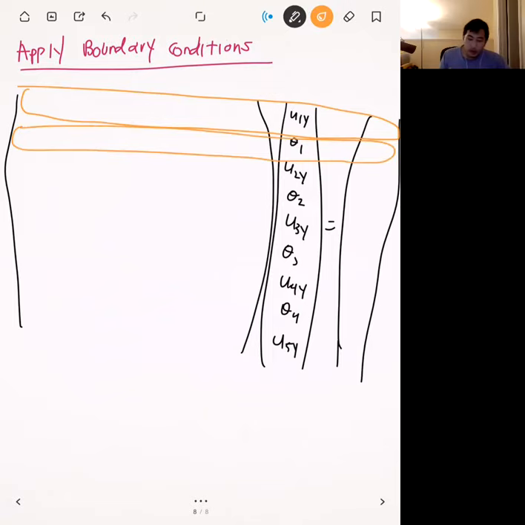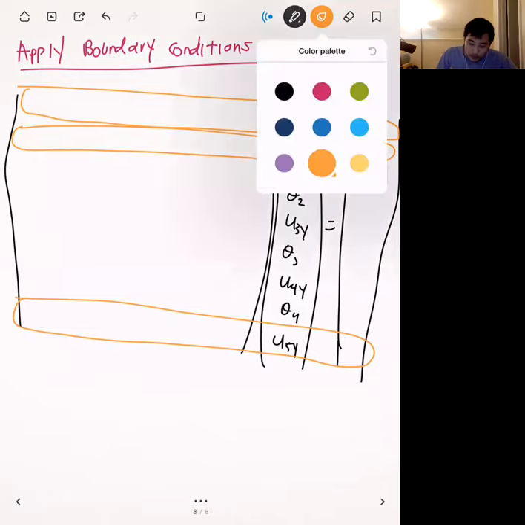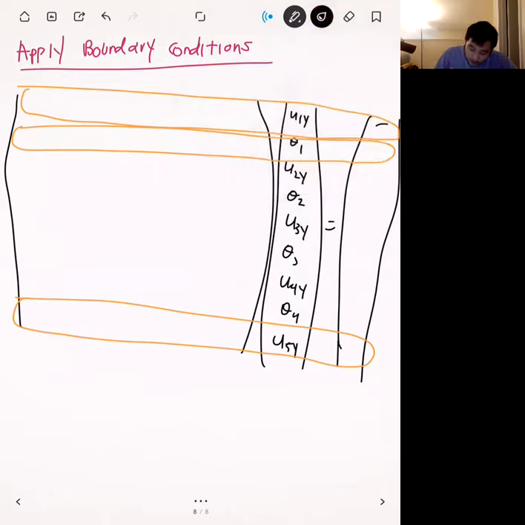Okay. And so since we had a fixed support at node 1, that's going to knock out both U1y and theta 1. Okay. And then we also have a fixed support at U5y. Okay. And so from here, I just want you to fill in the rows for this boundary condition.